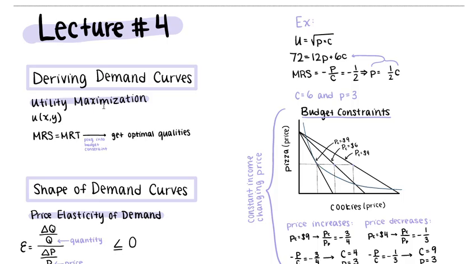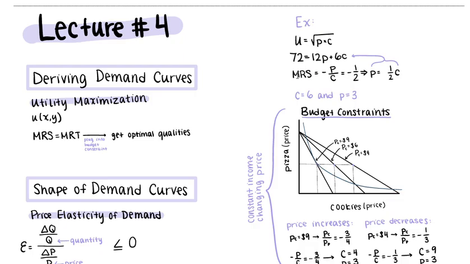We derive a demand curve. So here is the setup. We have a utility function and indifference curve, and we have a budget constraint line. Two unknowns and two equations.